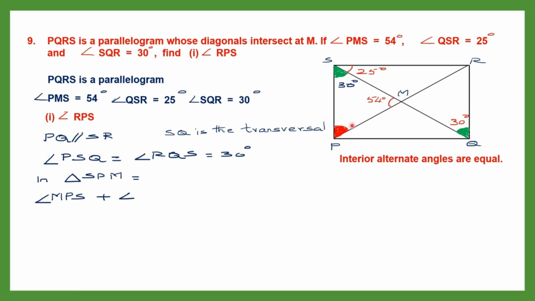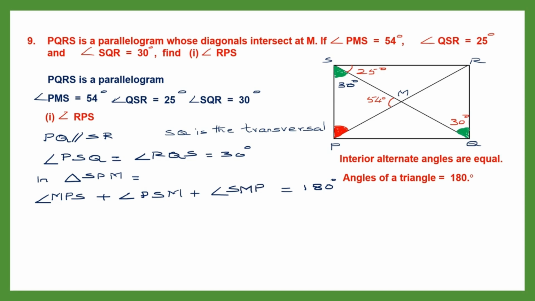So angle MPS, because we're taking only this triangle: angle MPS plus angle PSM plus angle SMP. We are talking about this triangle with these three angles, and they should add up to 180 degrees. Why is that so? Because angles of a triangle equals 180 degrees.